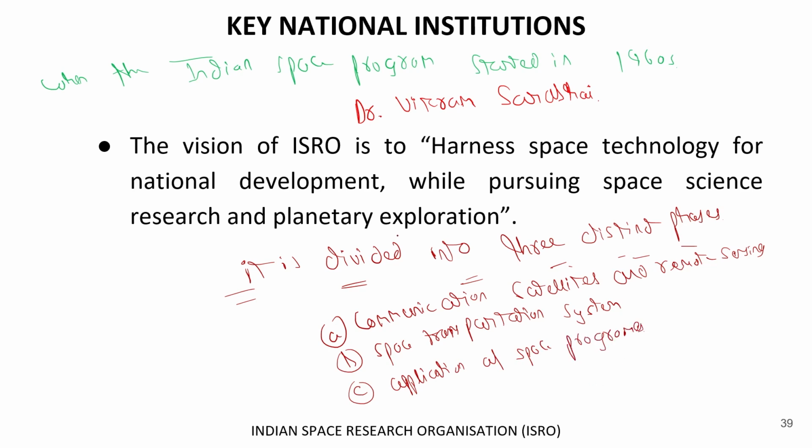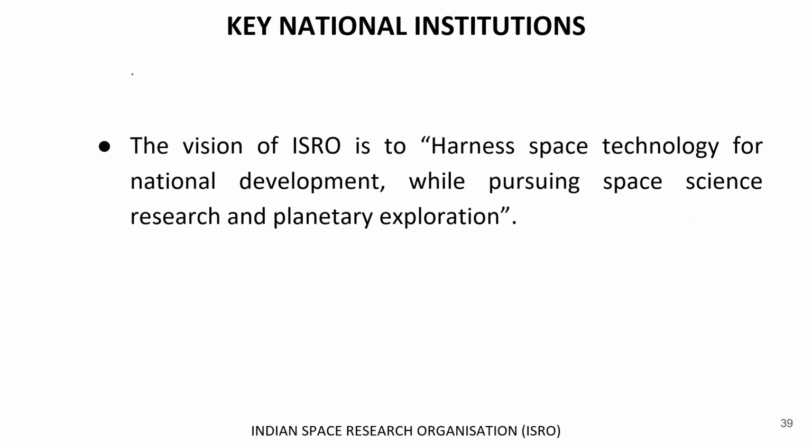So these are the three distinct phases in which the space program was started: communication satellites and remote sensing, the space transport system, and the application of space programs. Let's discuss them one by one. So if we talk about the first one, which is the communication and remote sensing satellites.